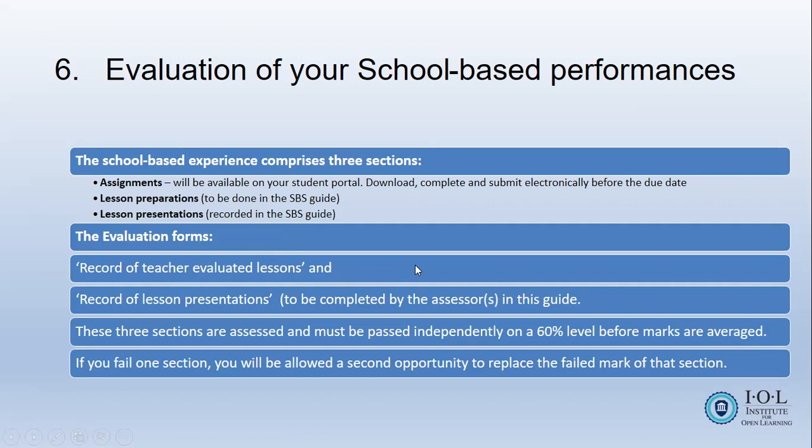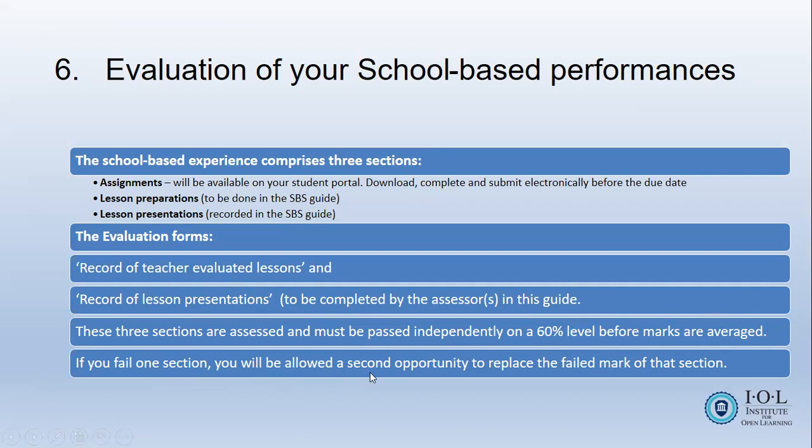So these three sections are assessed and must be passed independently with 60%. So you must have 60% for your study guide. The study guide has two sections, your preparations and your presentations, and then you also have your assignment.